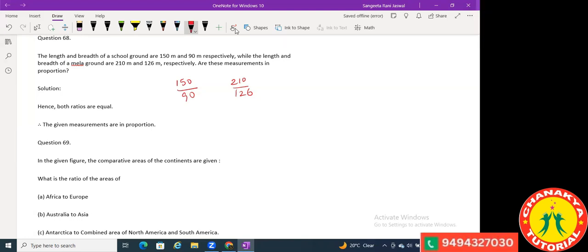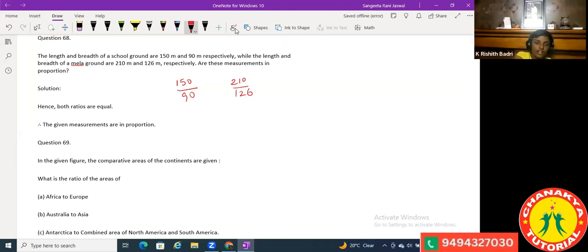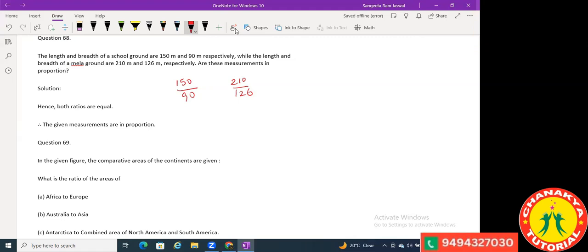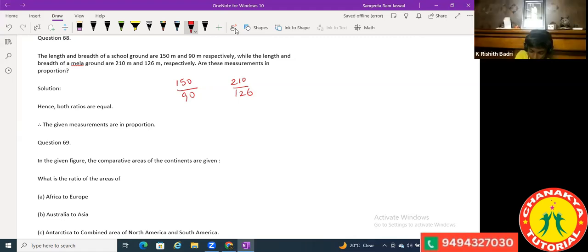What number did you use for this? For 510 and 90, I cancelled the 0 and used the table of 3. And for 210 and 126, I used the table of 3 as well. Okay.